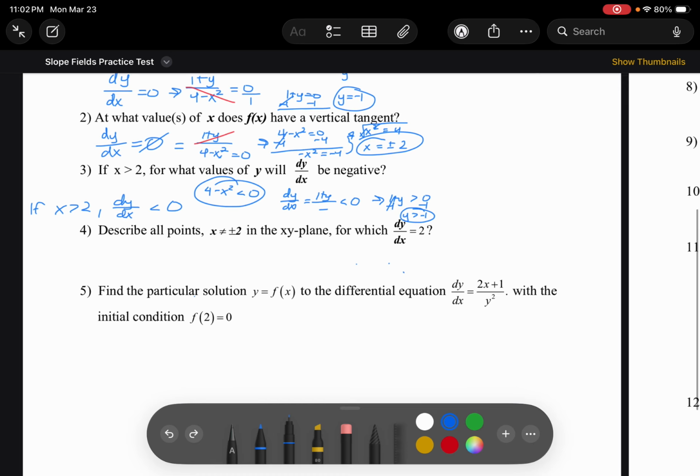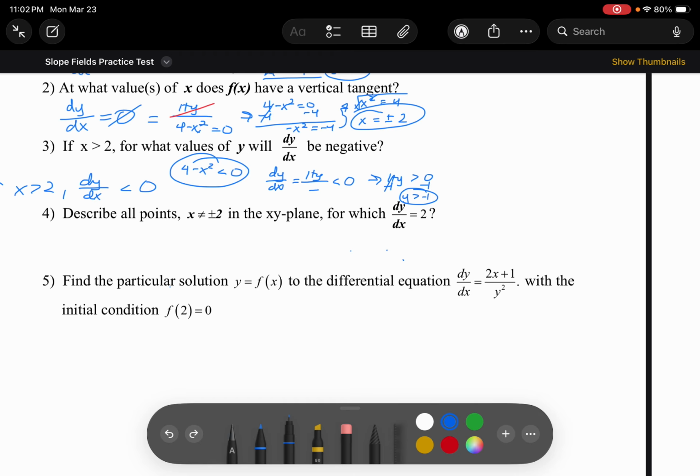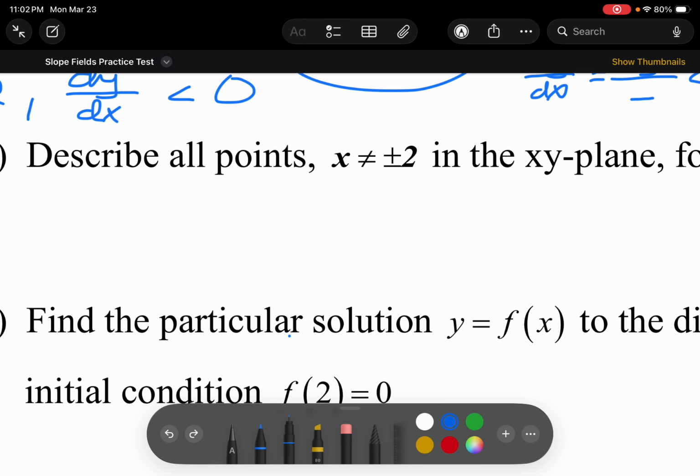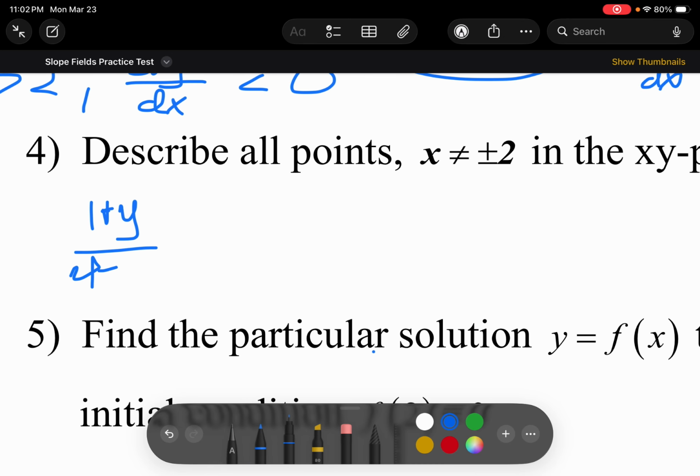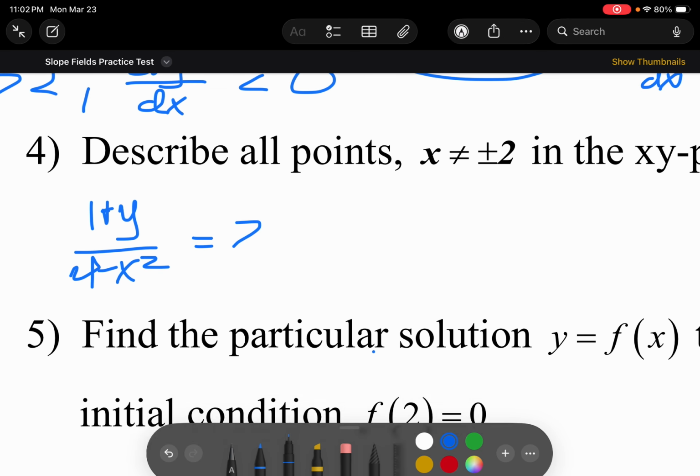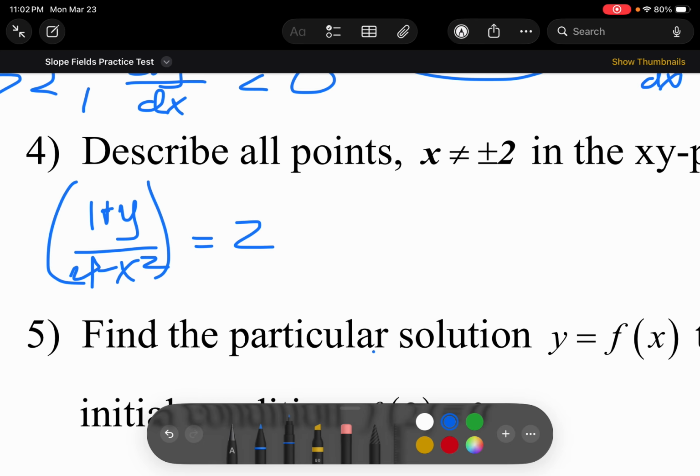Okay. Describe all points where x is not equal to plus or minus 2 in the xy plane for which dy dx equals 2. So it's going to be 1 plus y over 4 minus x squared equals 2, because this is, let's circle that in a different color.